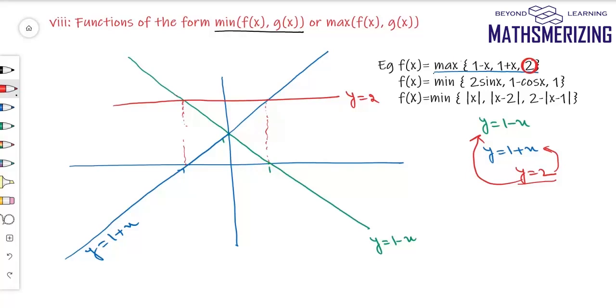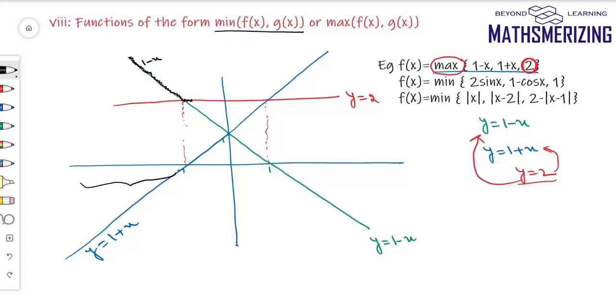Now, in this case, I'll need to find maximum of the given functions. So when x is less than minus 1, the graph which lies above the other two graphs is the graph of 1 minus x. So I'll choose this graph. So when x is less than minus 1, the function is 1 minus x.